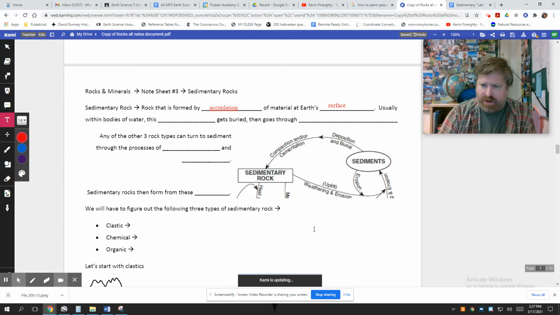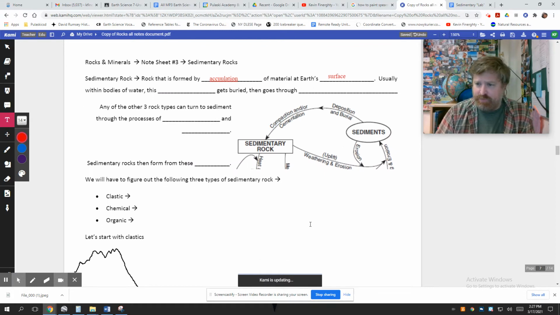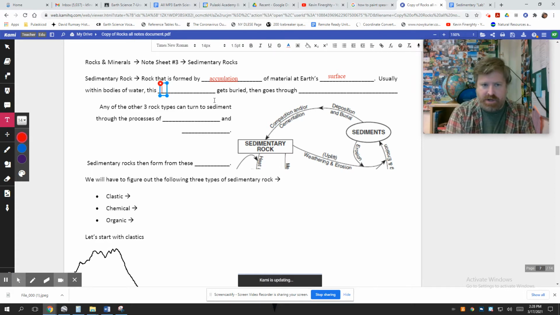We talked about it on the diagram in the rock cycle, but if you take a bunch of material or sediment and put it all in a big pile, in some cases, if that pile keeps on getting piled on, that can lithify into sedimentary rock. Usually within bodies of water tends to be the most common depositional environment, not the only one, but the most common.